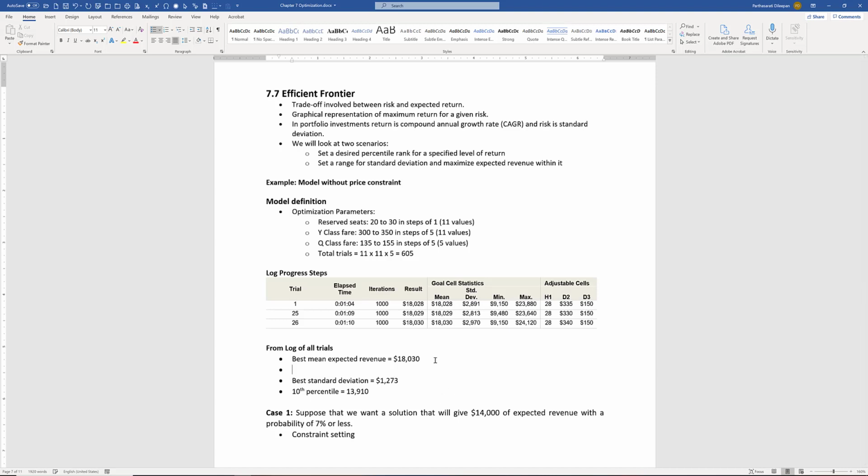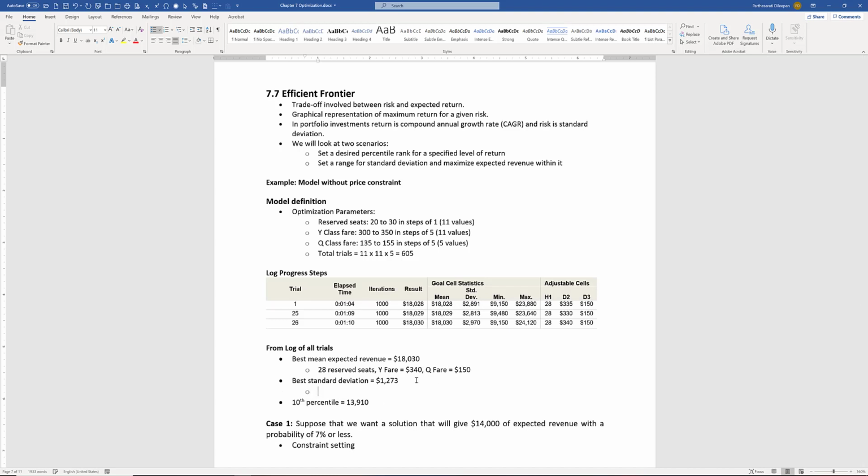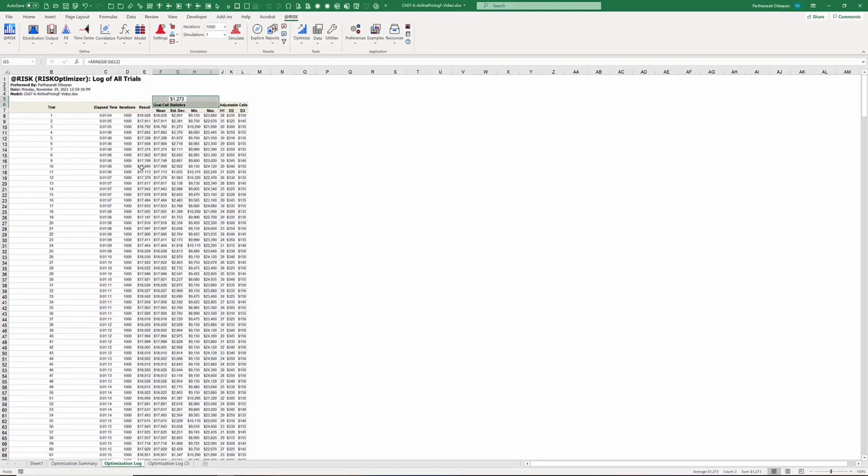Okay, so the best revenue is 28 reserved seats, Y fare equal to 340 and Q fare equal to 150. Now the best standard deviation, if we go back here, you get 1273.